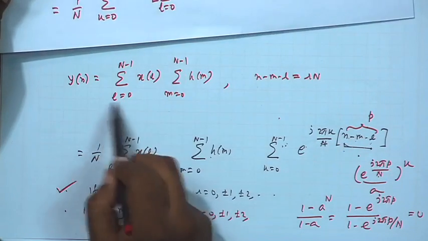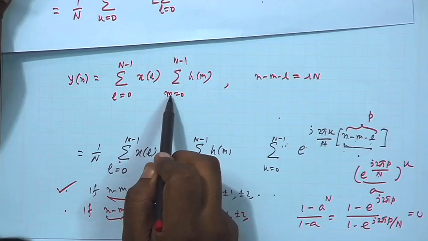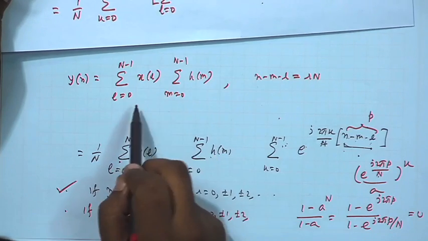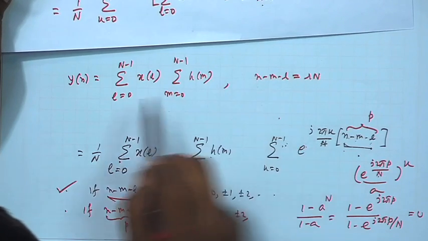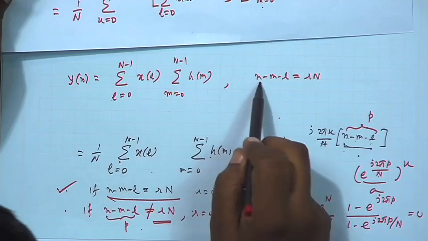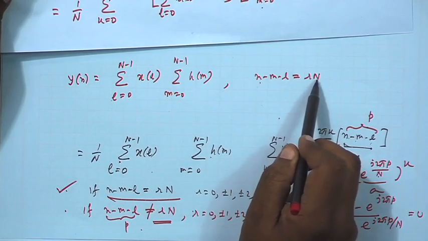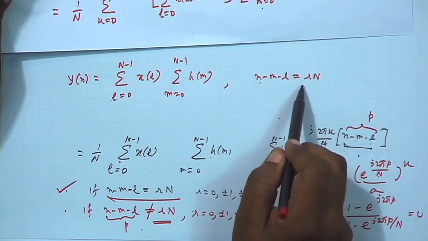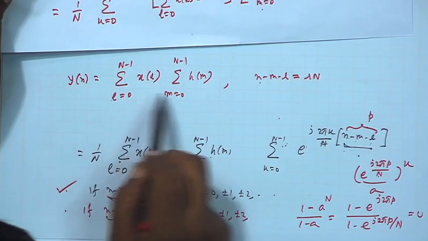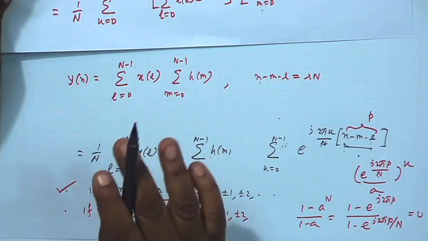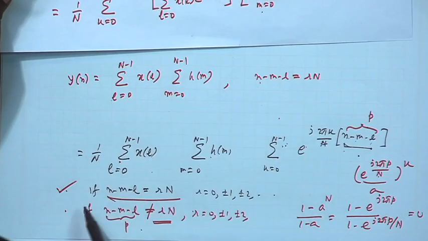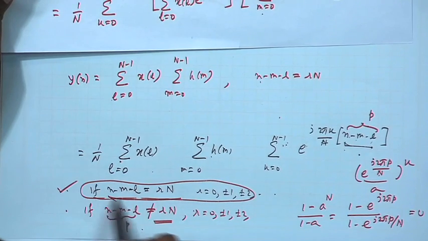So, in this summation you choose L and M accordingly, for a given small n, but only those L and M such that n minus M minus L is either 0 or capital N or 2n or minus n. Only those choices of L and M from these two summations will be allowed. Then only, because that is the condition.